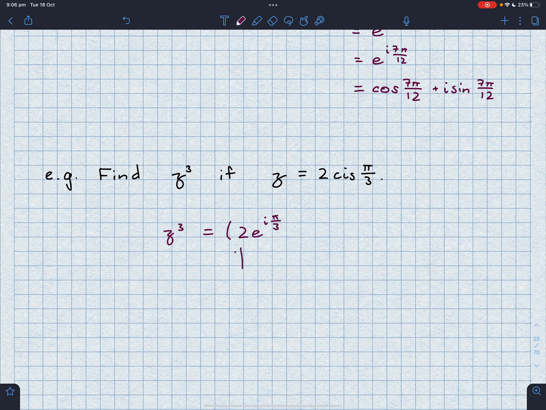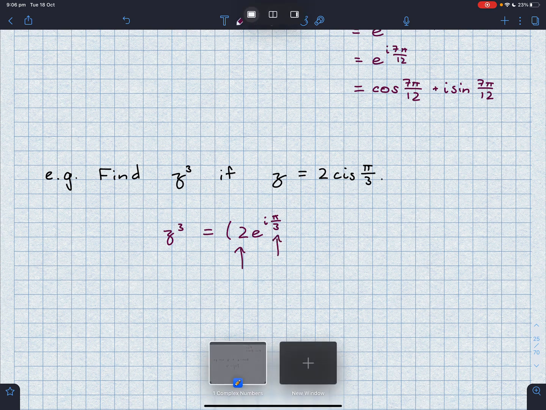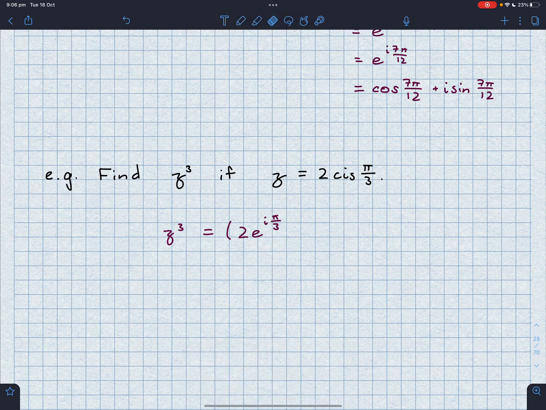All I have to do is put my modulus and argument in the right spot. And I'm cubing that number. So I can see that it's going to be 2 cubed, e to the i, and then power of a power, I multiply. So it'll be 3 times pi on 3, which is 3 pi on 3. Then I simplify, 2 cubed is 8, e to the i pi.